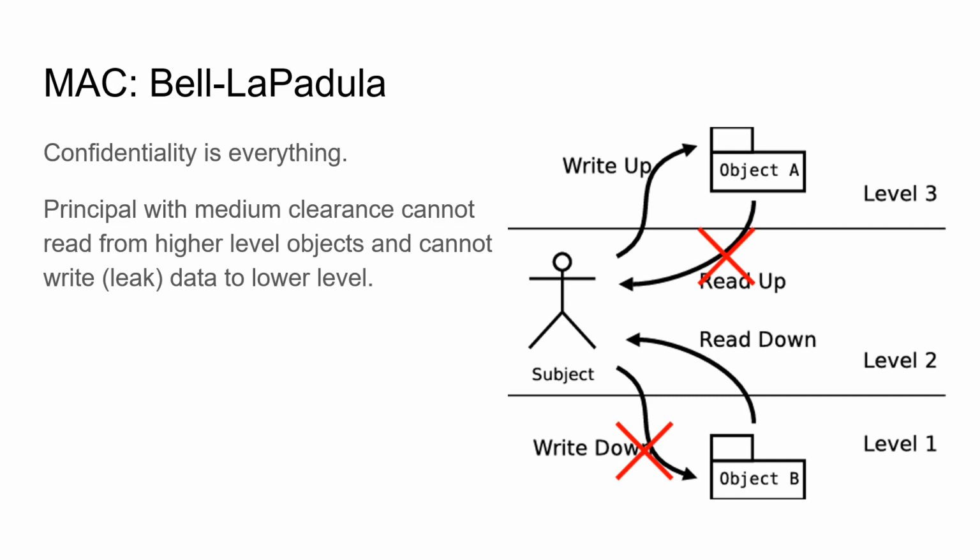And you can also not leak data, you cannot write data to anything that is below you in terms of clearance. So you cannot write down. So you can access objects with a top secret label, and you cannot write to any documents with only a classified label if you have a security clearance level of secret.